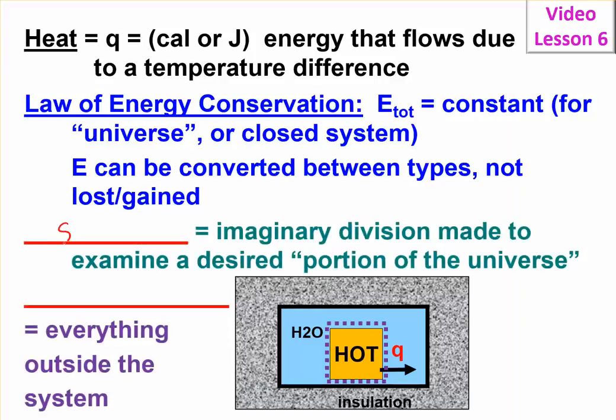A system is just an imaginary division so that you can talk about or do calculations on a certain part of the universe. In other words, in this case, I've used this dotted line to make a system. I've defined my system as my hot object only. And then I can talk about the system is losing heat.